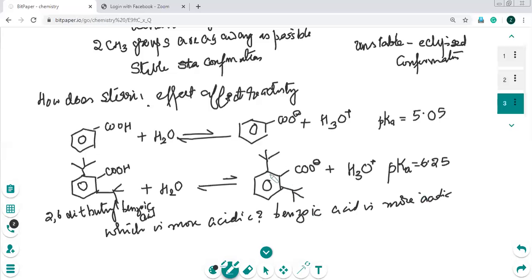Now what is the reason here? The water is not able to approach here and take the proton out, because of the bulky groups. I have three H here, H here, and also H here, and similarly hydrogen here.